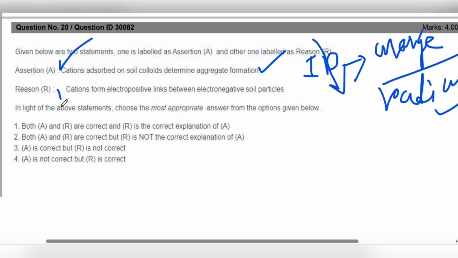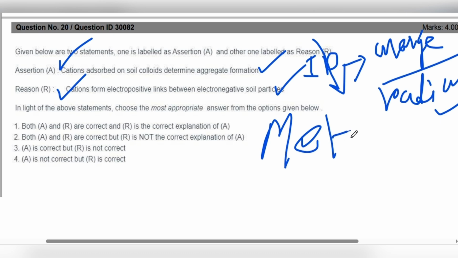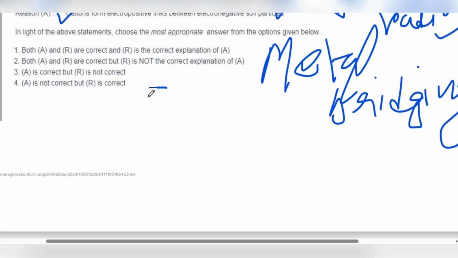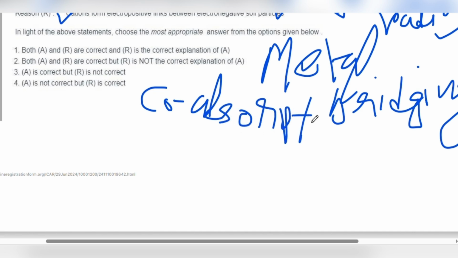This is also true. There is a phenomenon called metal bridging. You know, a bridge that connects two landmasses. This is called metal bridging, or also called co-adsorption. Now let me explain what this is.